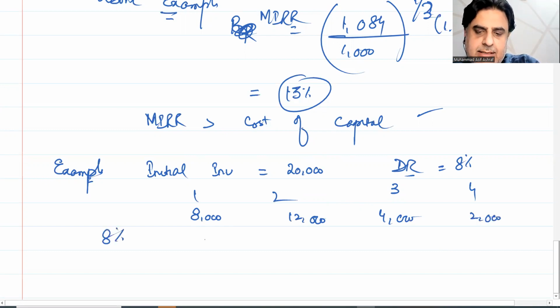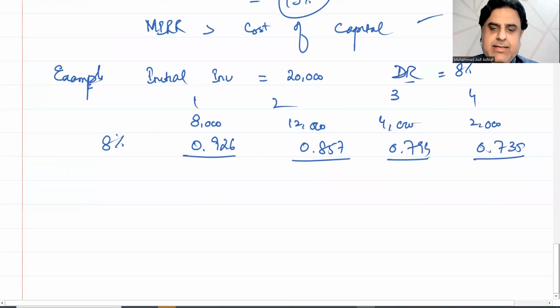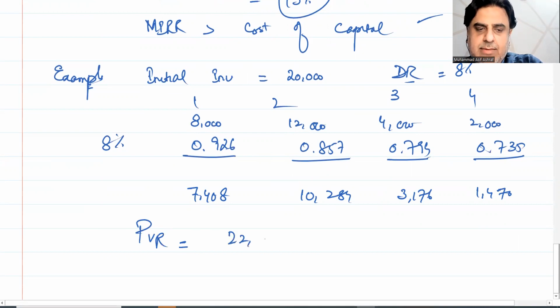Discounted at 8%: 0.926, 0.857, 0.794, 0.735. Let's multiply it. It is 7408, 10284, 3176 and 1470. So we have a present value of return phase of 22338.